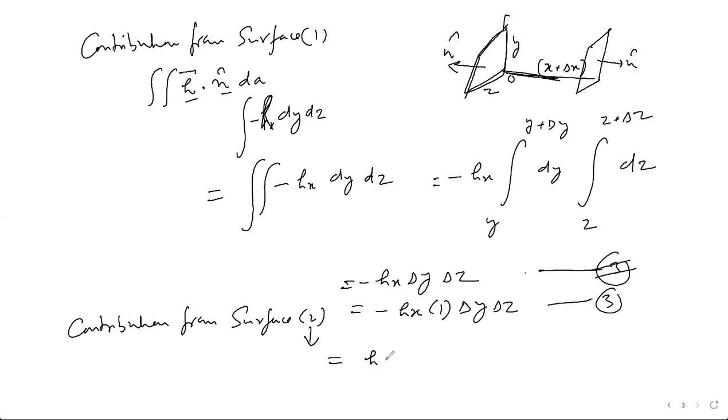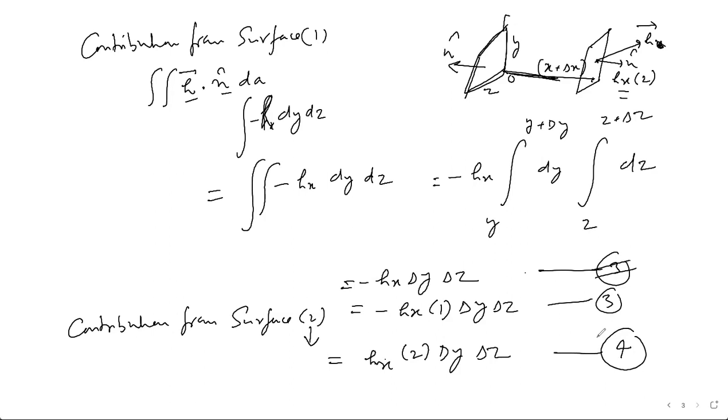So the contribution from this surface, if I have a field here, hx, defined at point 2, I have to take the component of this field at this surface. The component of h that will survive is the one in the direction of the normal, so hx will be the surviving one. So hx2, and again delta y and delta z. This is equation number 4.